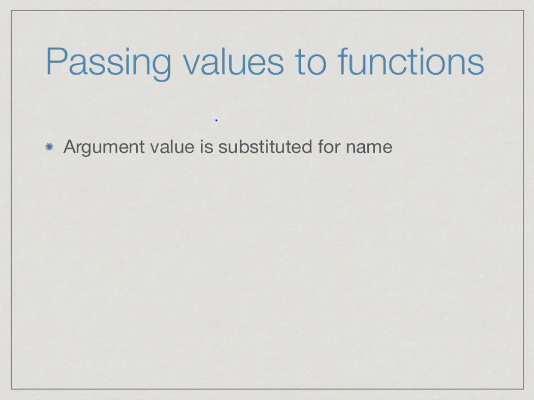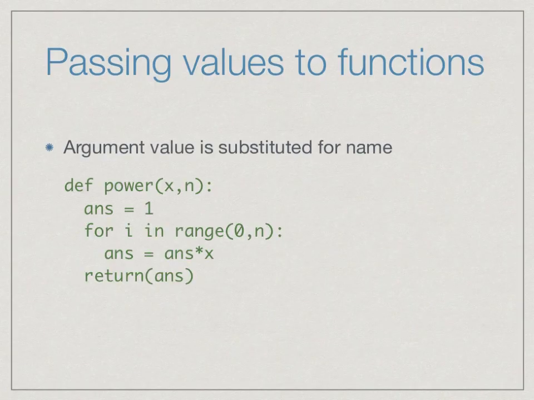When we call a function, we have to pass values for the arguments. And this is actually done exactly the same way as assigning a value to a name. Suppose we have a function like this, which takes x and raises it to the power n. Let's look at the function just to understand what the code is doing. We assume that the value of the answer is 1.